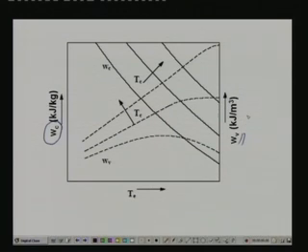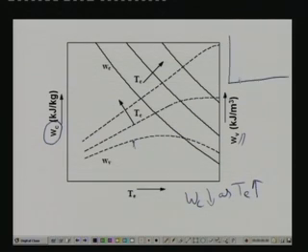And you can see that for a given condenser temperature, for example, take this condenser temperature, as you are increasing TE, your specific work of compression reduces in this direction. That means specific work of compression reduces as TE increases. Why does it happen? Again, you can easily verify this with the help of your pH diagram.